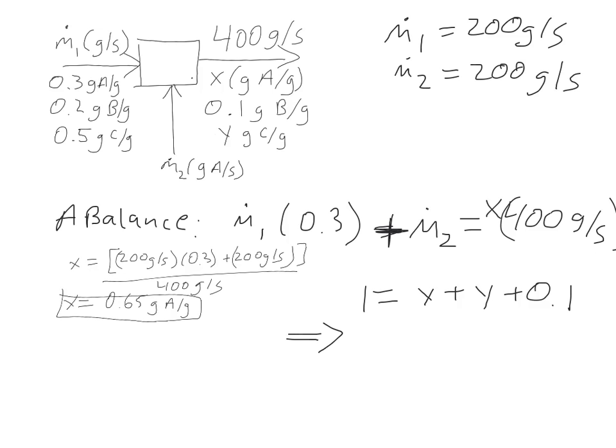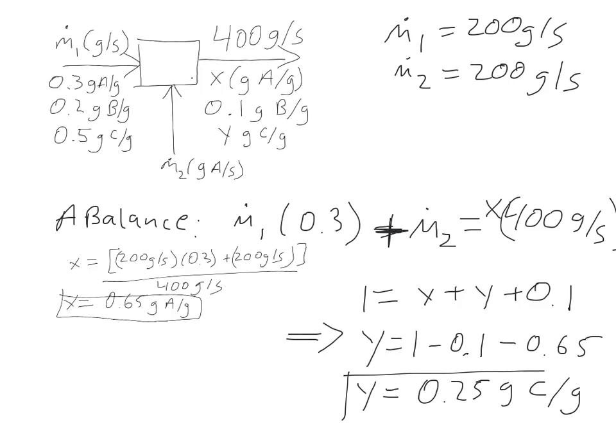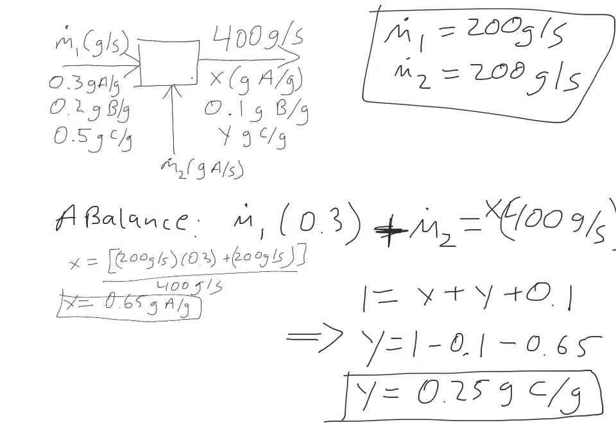So if I solve this, y is equal to 1 minus 0.1 minus 0.65, then y is equal to 0.25 grams C per gram. And I circle that again. Let me just circle those for completeness. So now I have it.